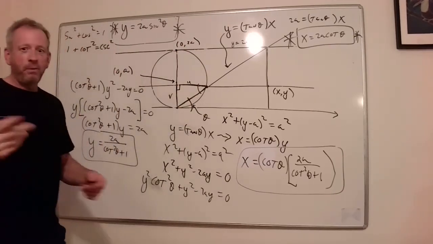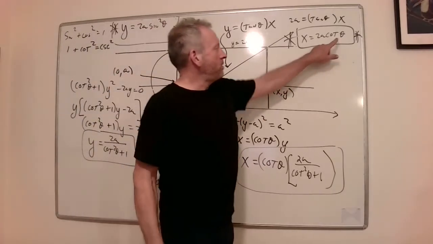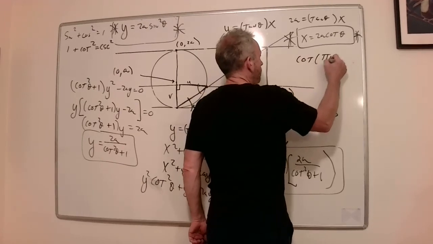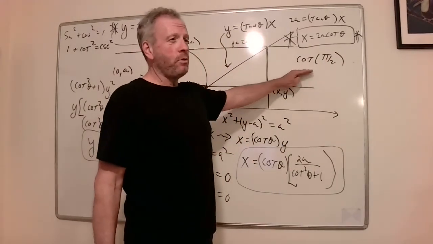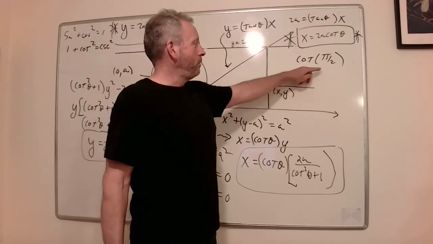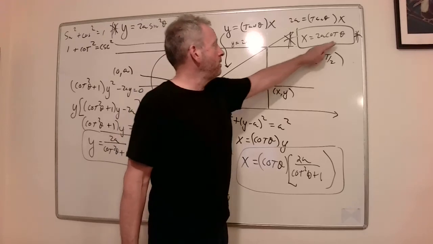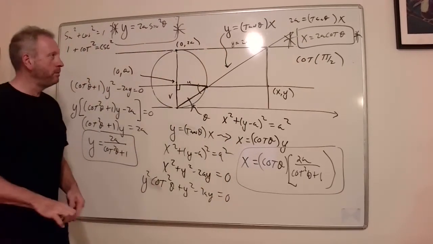So let's put pi over 2 into our equations. What's cotangent of pi over 2? I can't help it, but I'm thinking of cosine over sine. What's sine of pi over 2? 1. What's cosine of pi over 2? 0. So that's 0. So x is 0. Sure enough, that's what it should be.